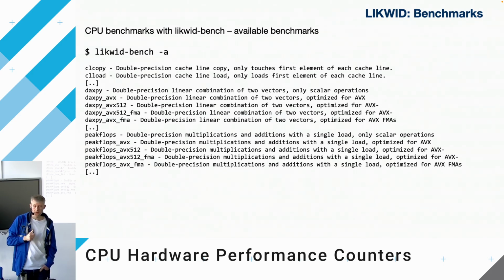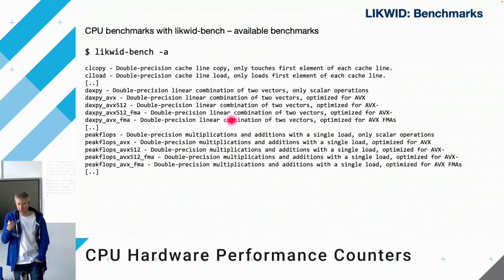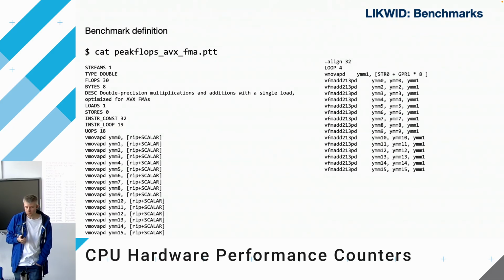LIKWID has a lot more features. We have this benchmark feature where some assembly instructions are specified that are executed to assess certain things. For example, some floating point operations or some memory requests that can be used as a benchmark of the system.